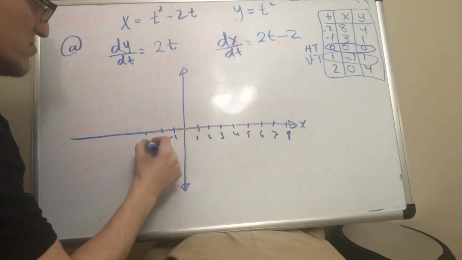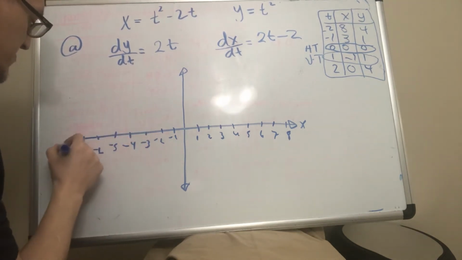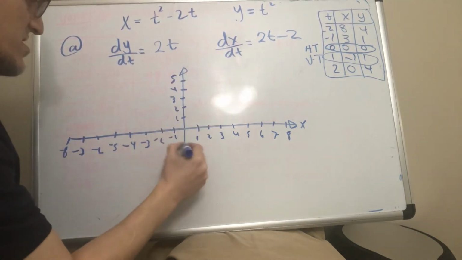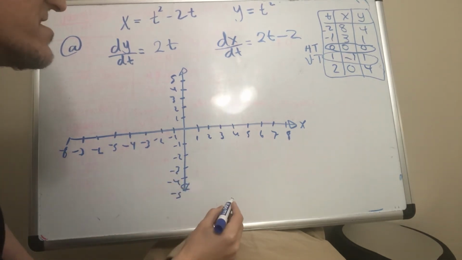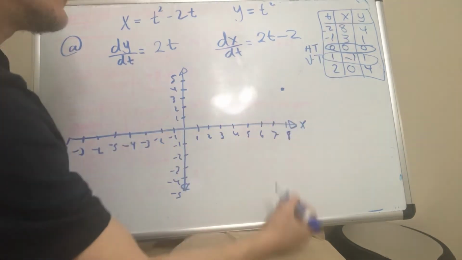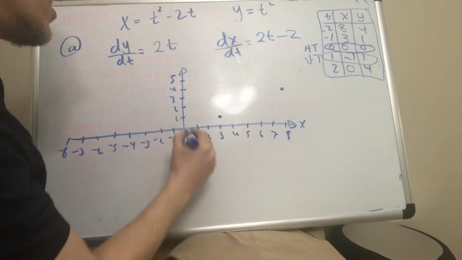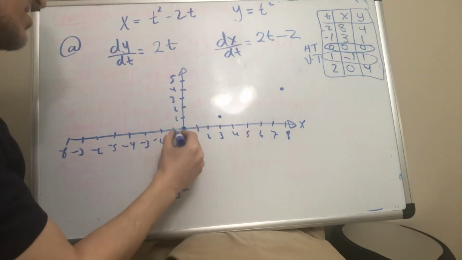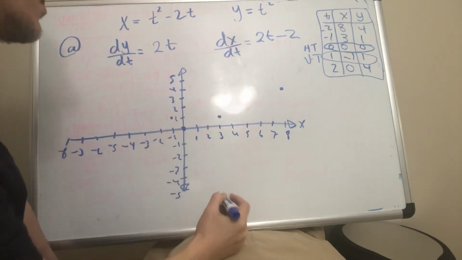Minus 1, minus 2, minus 3, minus 4, 5, 6, 7, 8. 1, 2, 3, 4, 5. Negative 1, negative 2, negative 3, negative 4, negative 5. So we start with the points 8, 4, 3, 1, 0, 0, negative 1 and 1, 0, 4.